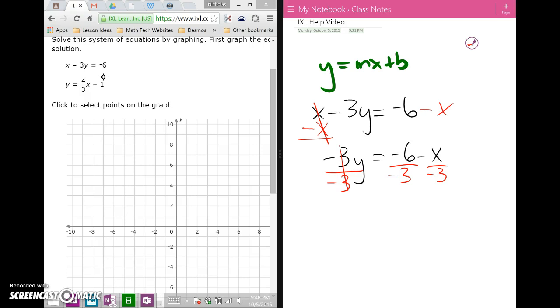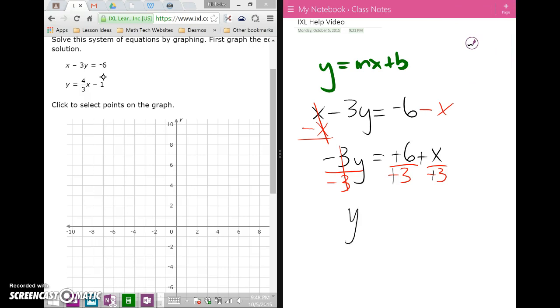One thing you'll also notice here is that I've got a negative over a negative and a negative over a negative. A negative and a negative make what, guys? A positive. So I know that these are both going to be positive.